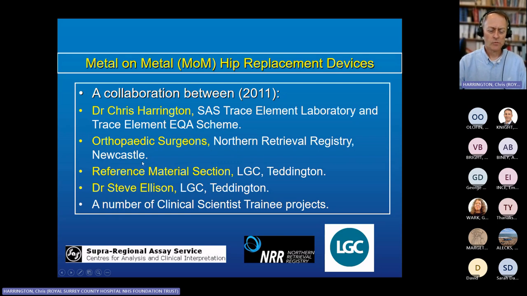This was instigated by some orthopedic surgeons in the Northern Retrieval Registry in Newcastle. We also worked on this project with the National Measurement Institute, LGC, based in Teddington, in particular Dr. Steve Ellison. And we had a number of clinical scientists, trainee projects working on this.